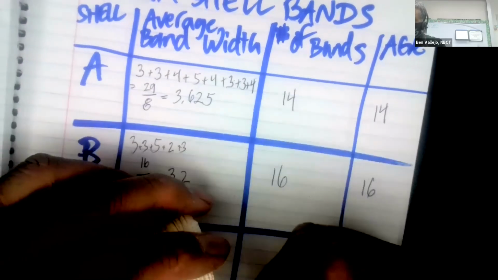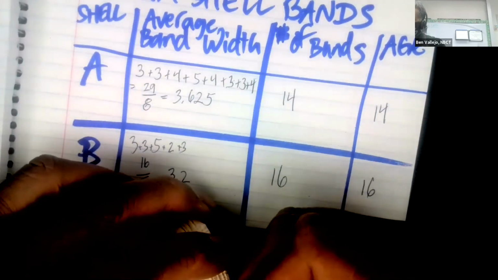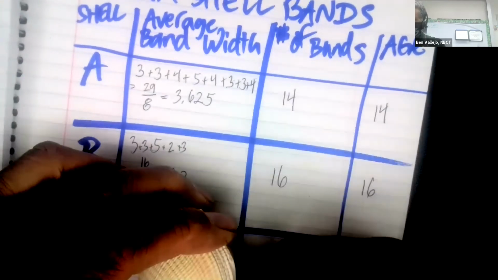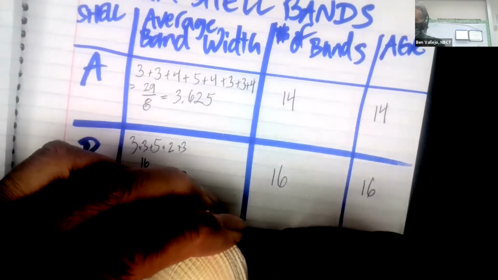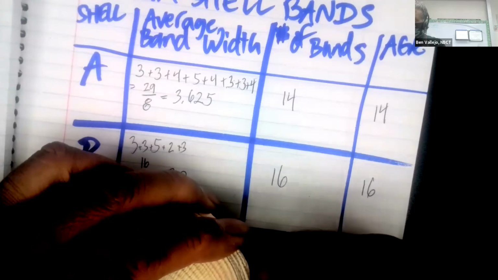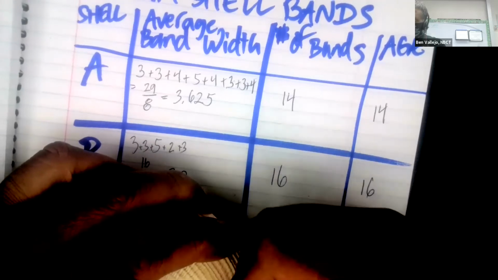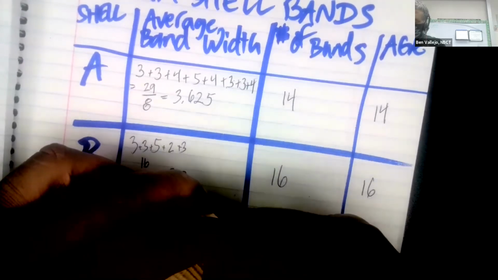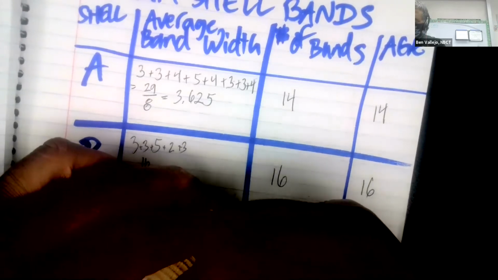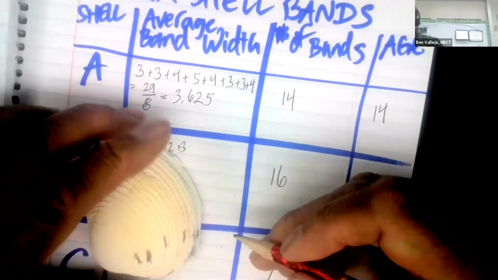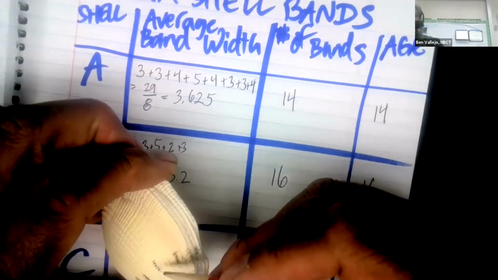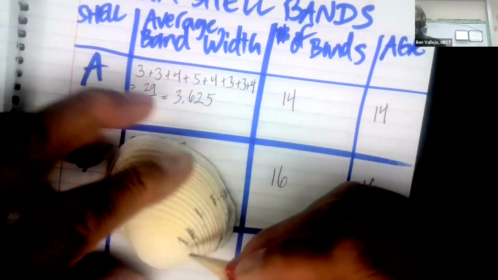So 1, 2, 3 right there. It comes over here, 4, right there. 5. This one comes over here like this. So I got 1, 2, 3, 4, 5, 6, and then 7.